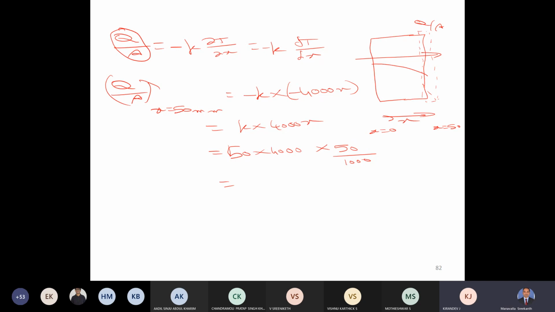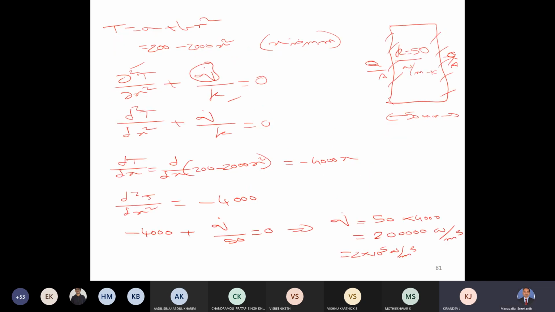How much is that? It's 10,000 watts per meter square. This is the heat flux on the right hand side.